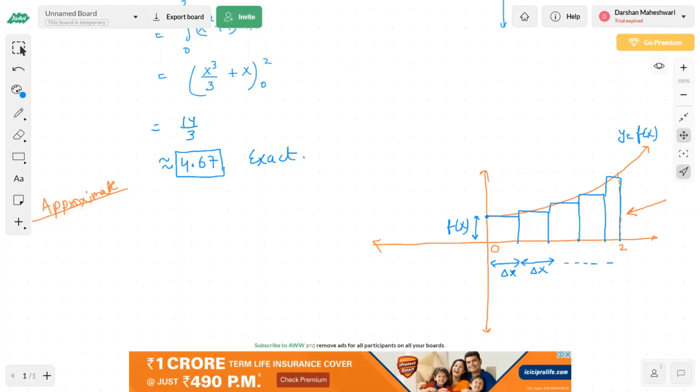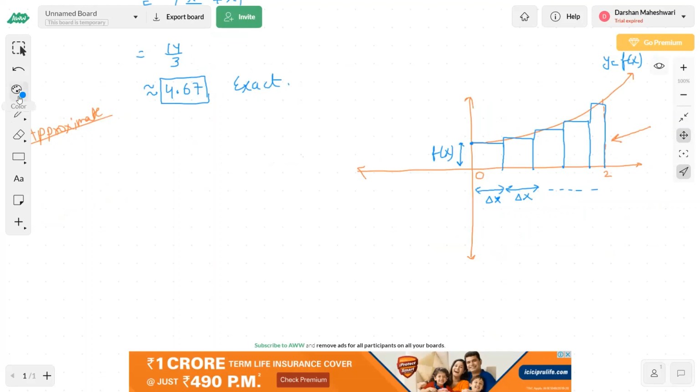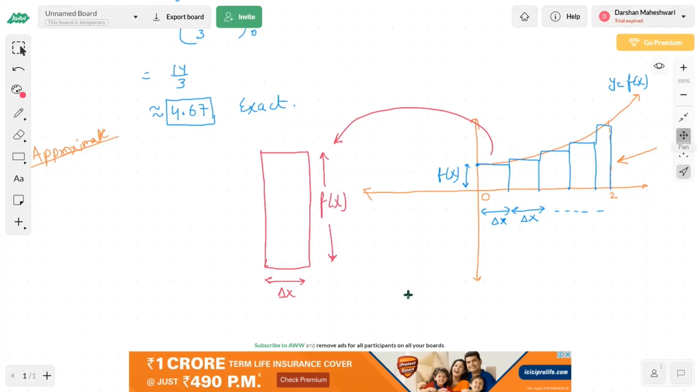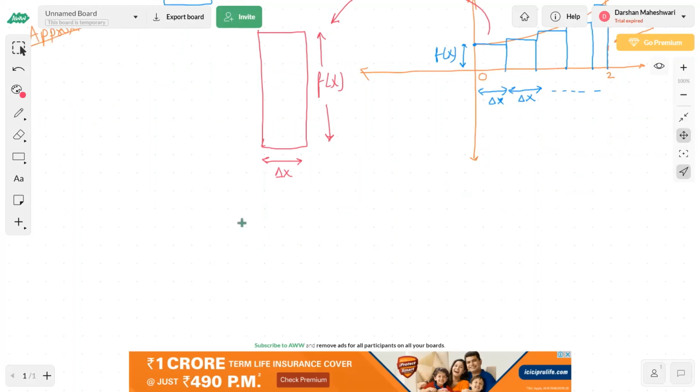Since we are approximating using rectangles, the approximation will be the sum of the areas of all the rectangles. Let's talk about any one rectangle over here. This is an enlarged version of the rectangle. Width is already delta x, height is f(x). So what do you think the area of this rectangle would be? Area is length times width. So area of one such rectangle will be delta x times f(x).